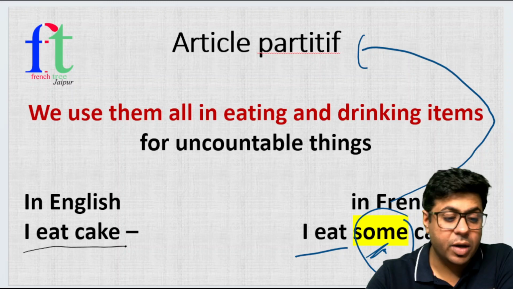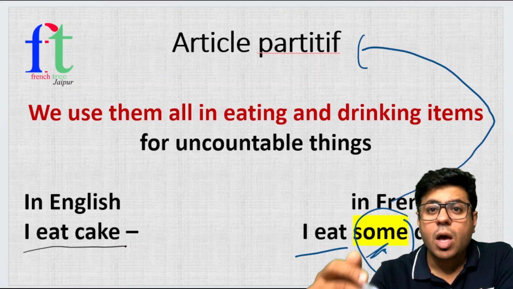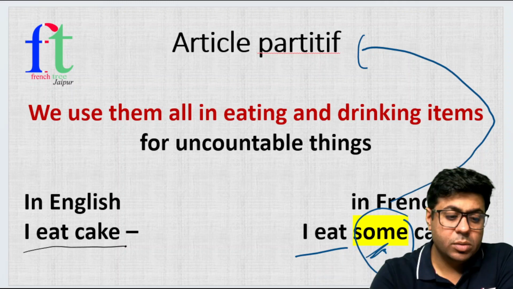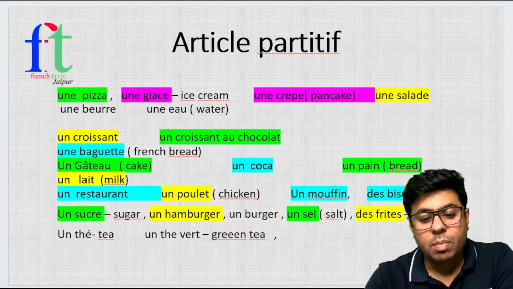So we are going to first go through the words of eating and drinking items that we speak in a different manner in French, with proper gender. In front of you in this slide there is some vocabulary. Some of the vocabulary is the same as in English, but in French it will be different.